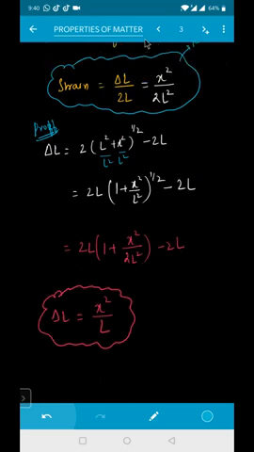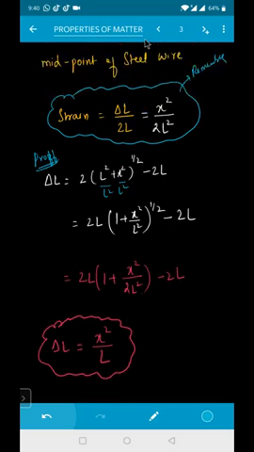This is already 1 by 2 here. This one is 2 into L square plus x square, isn't it?